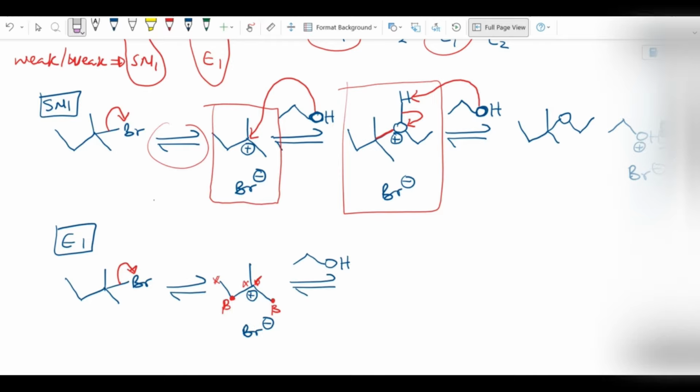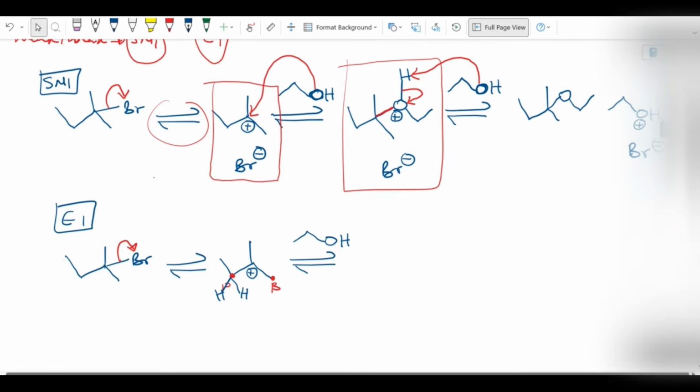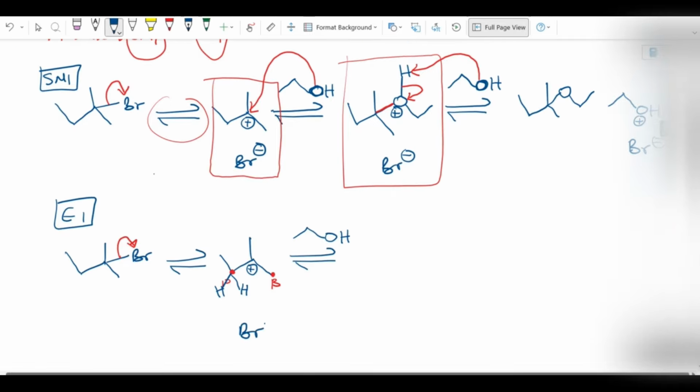So the base will prefer to pull a proton from the higher degree carbon. That's the one that will form the more substituted alkene. So to form the more substituted alkene, the base will pull off a proton from this beta carbon.